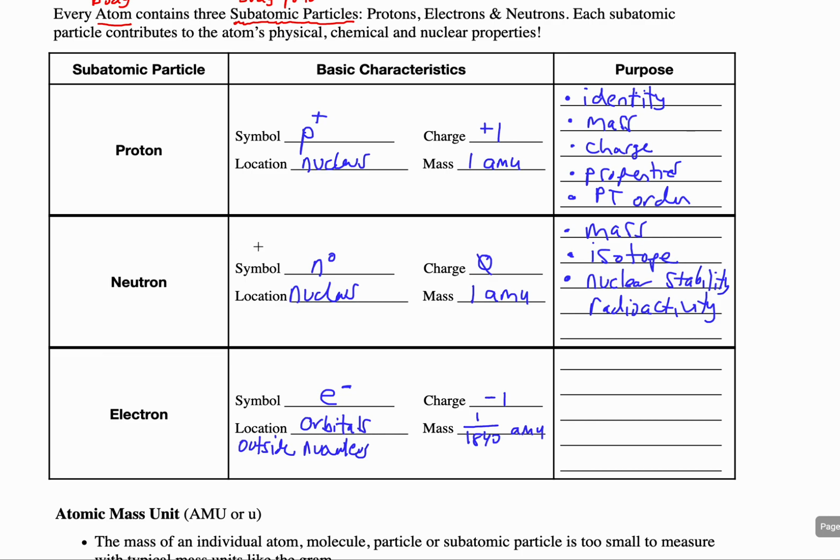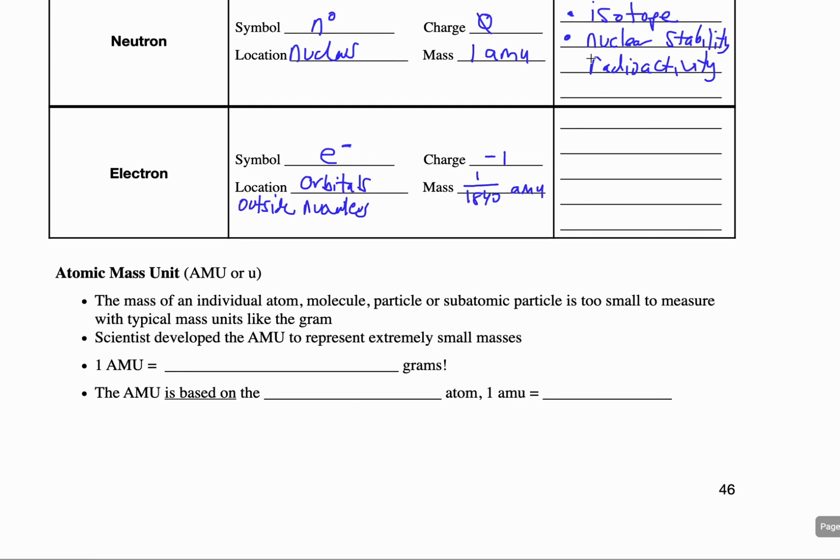And then on to the electrons. So electrons, they may be very, very small when it comes to terms of mass, but very, very important. So the electrons, they definitely contribute charge to the structure. They don't really affect the mass in a meaningful way, but electrons determine the chemical properties of an atom.